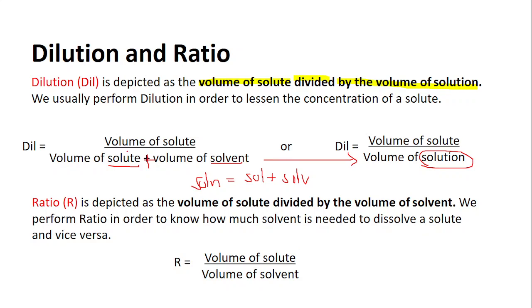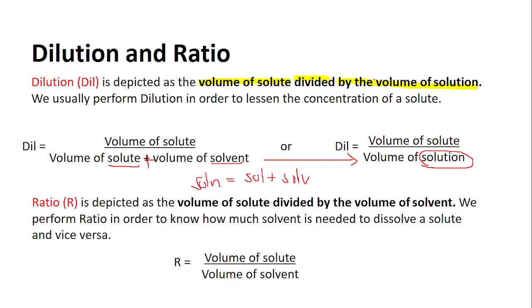To simplify the equation, in order to get the dilution, you will just divide solute and solution. So, dilution is equal to solute divided by solution. That is the formula. We usually perform dilution in order to lessen the concentration of a solute.